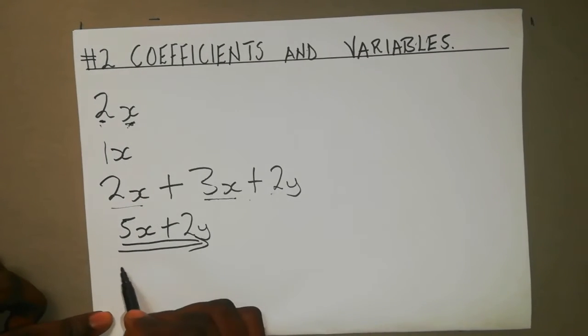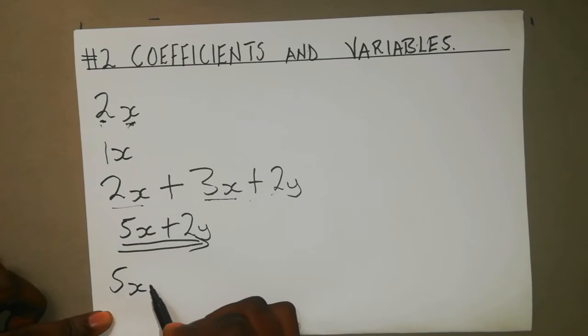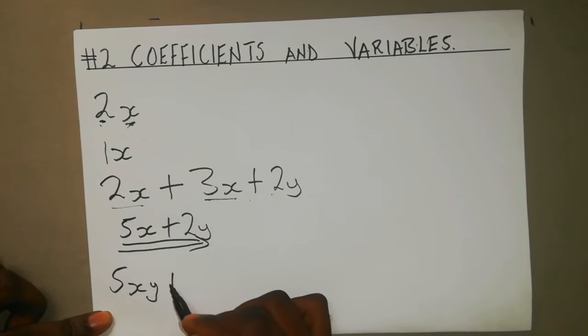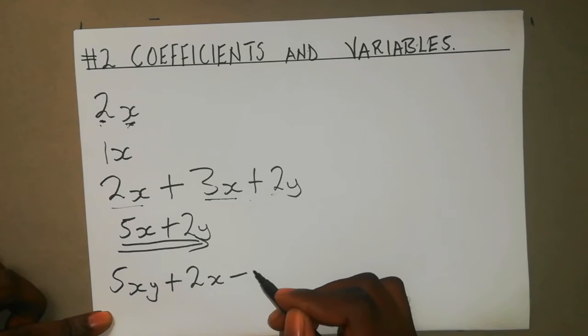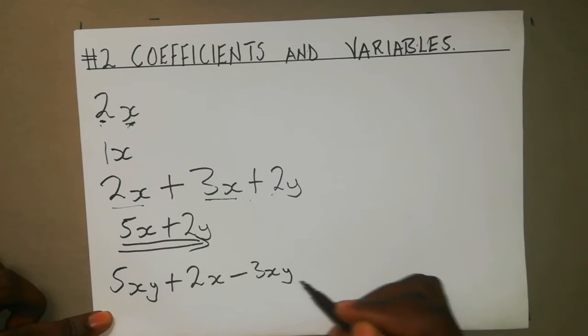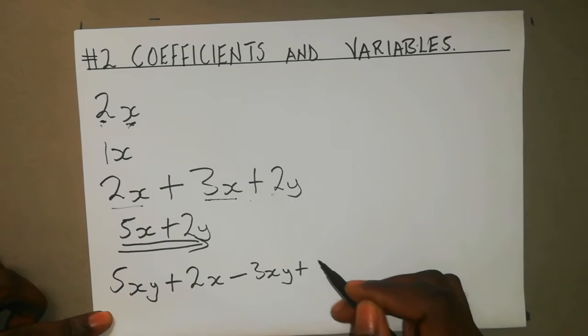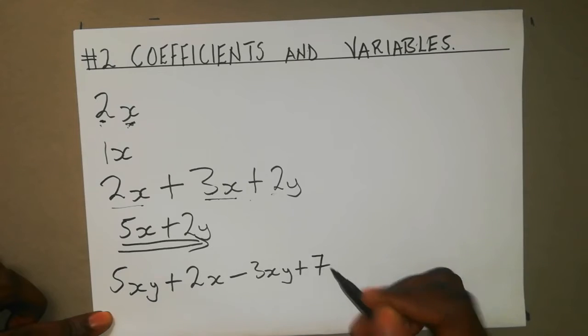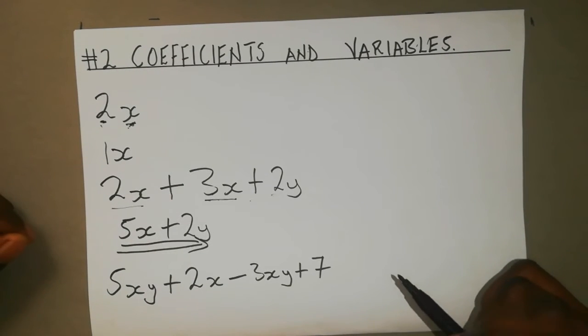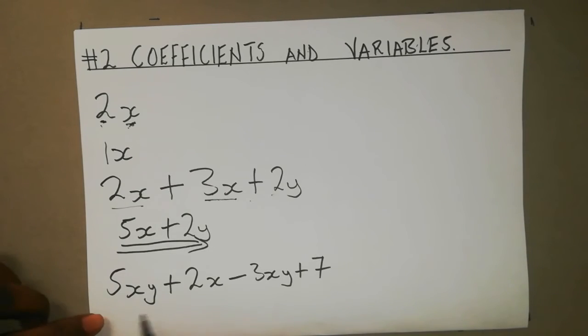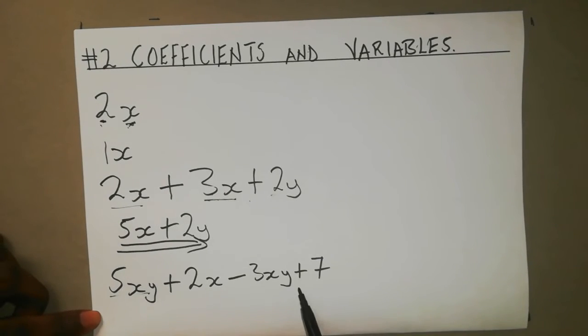Then let's do an example for subtraction. You may find 5xy plus 2x minus 3xy plus 7. Fine. At this stage, we are supposed to collect our like terms, and in this case, our like terms are 5xy and negative 3xy.